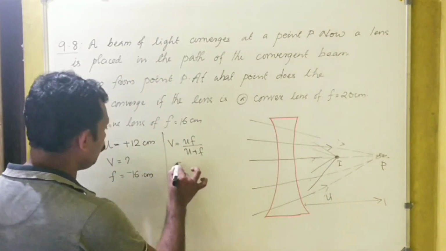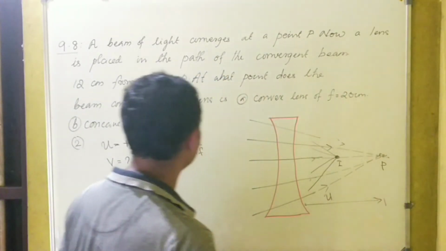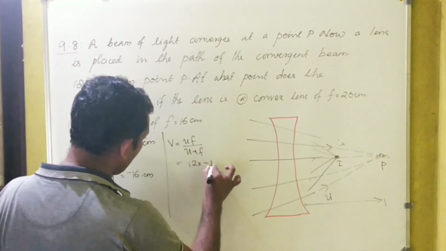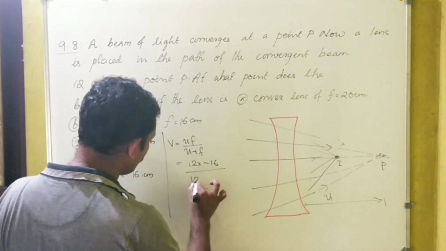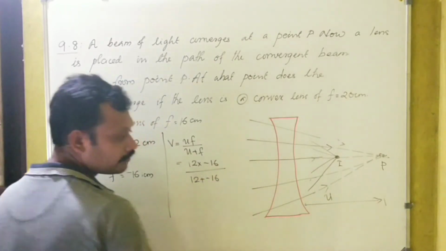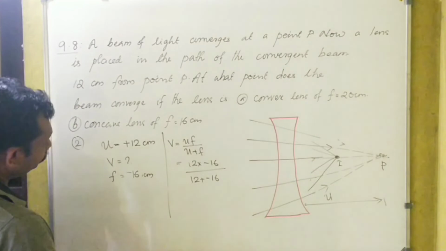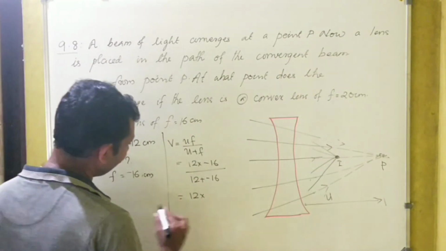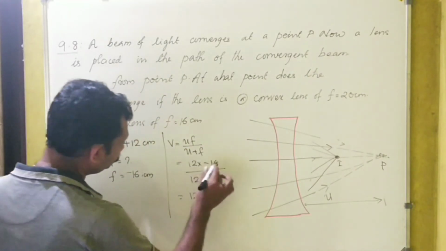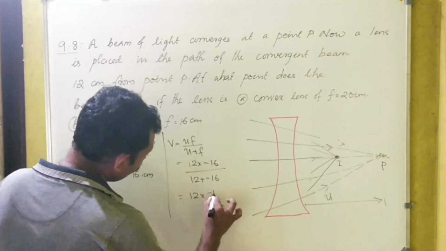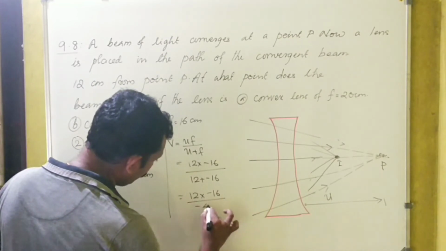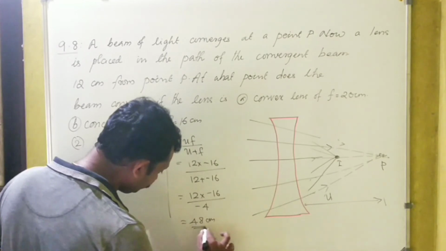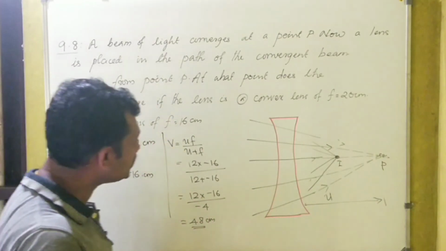Let us see how the answer is going to change here. 12 into minus 16 divided by 12 plus minus 16. U is positive, right? So this is 12 into minus 16 divided by minus 4. So I am getting it as 48 centimeter.